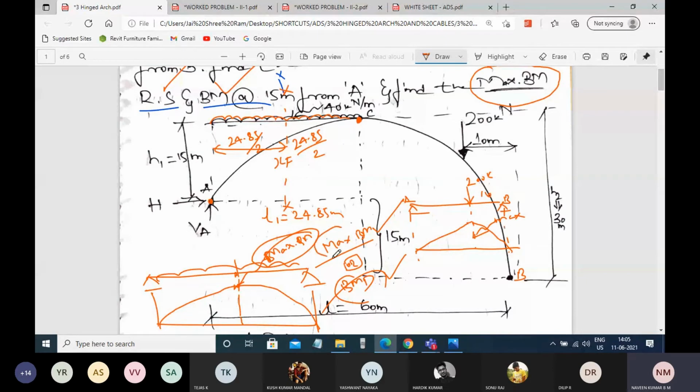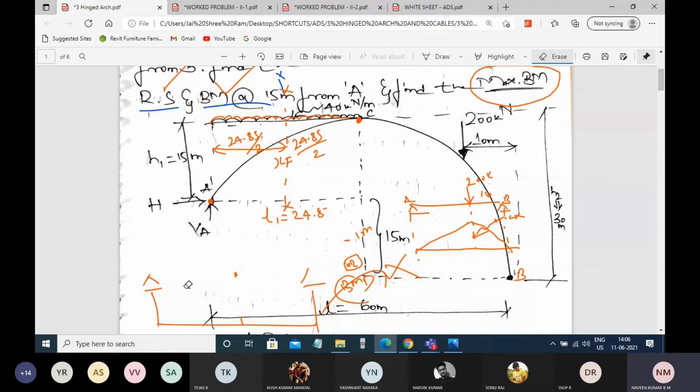Both are the same. If they ask, you just draw the bending moment diagram. So again you need to find the maximum bending moment within the AC segment as well as the CB segment, and draw the bending moment diagram. Here you need not draw it, but the same things you need to calculate. Understood? So I hope it is clear now at which point you will get the maximum bending moment.